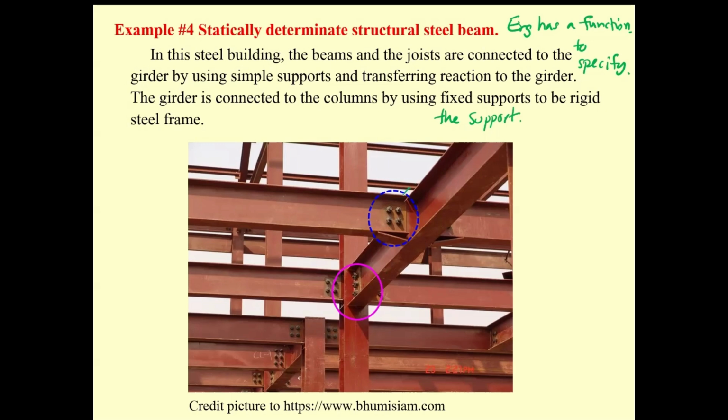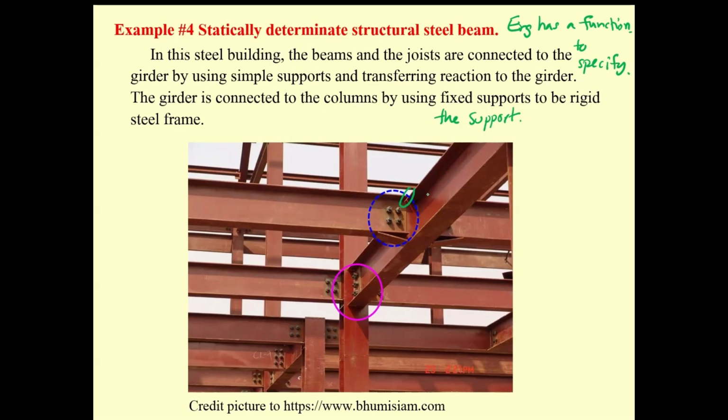If you may notice on this one, you see there is a gap on the top of the front of the small beam and the big beam. This gap allows the small beam to rotate.